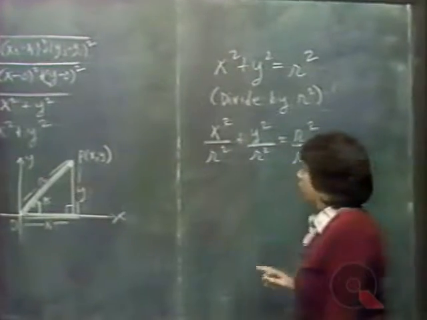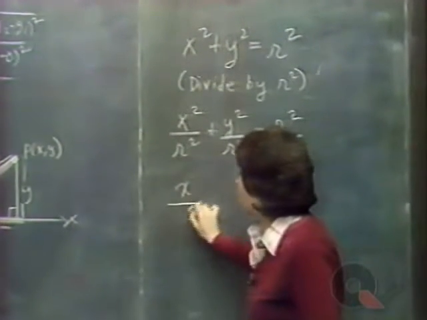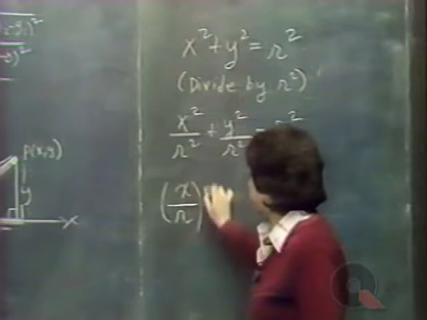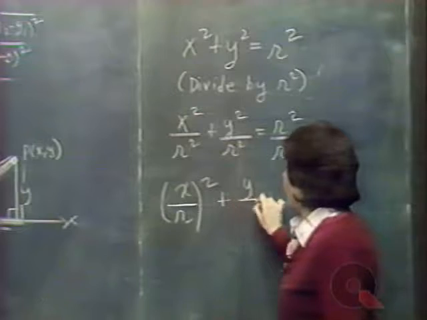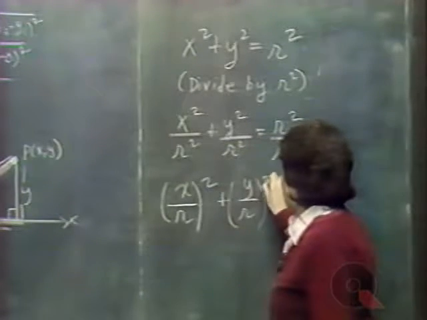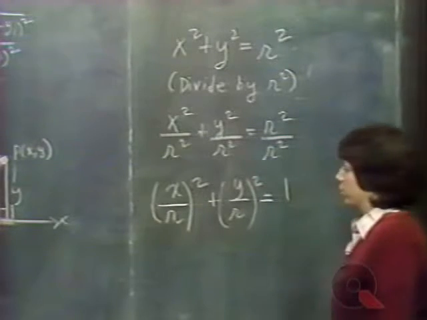We can rewrite this, instead of x squared over r squared, as x over r quantity squared plus y over r quantity squared equals r squared over r squared, which of course is 1.